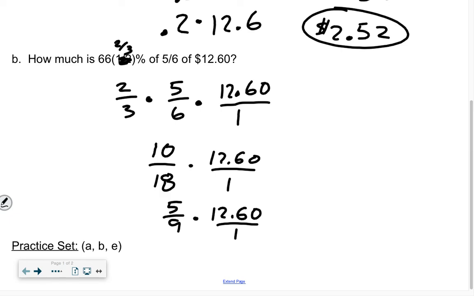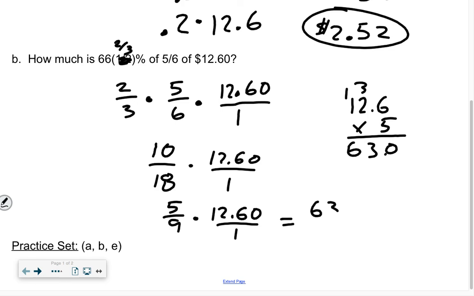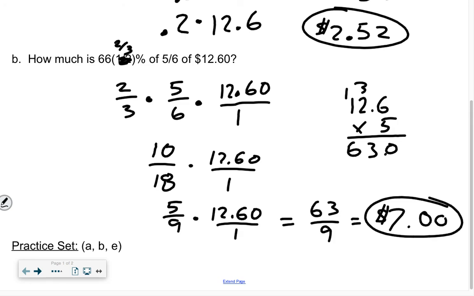We can take 12.6 times the 5, so 63 over 9 times 1, which is 9. So here we're coming out with an even $7. Nice and short for this one.